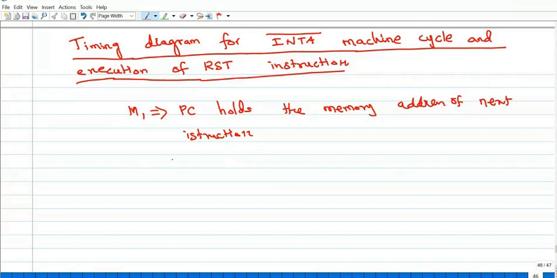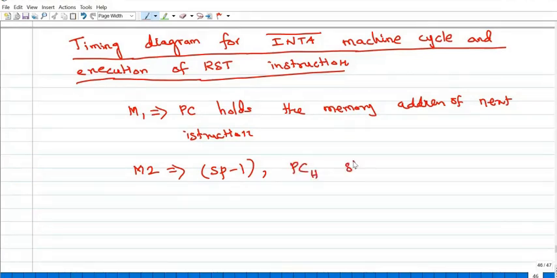During M2, machine cycle 2, the stack pointer is decremented by 1, and the higher order program counter, that is PCH, is stored in the stack.